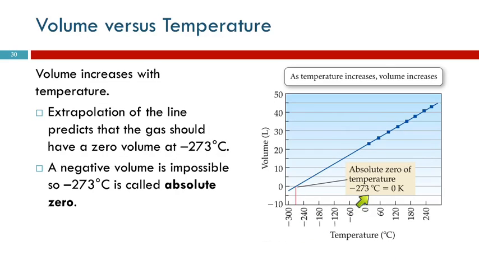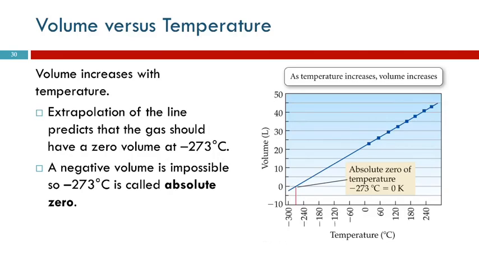If we start around 0 and then increase the temperature, the volume increases in a linear fashion. If we extrapolate this line, meaning we draw a straight line through these points and keep going past where we have data, we find that it would intercept the axis at 0 volume at minus 273 degrees Celsius.